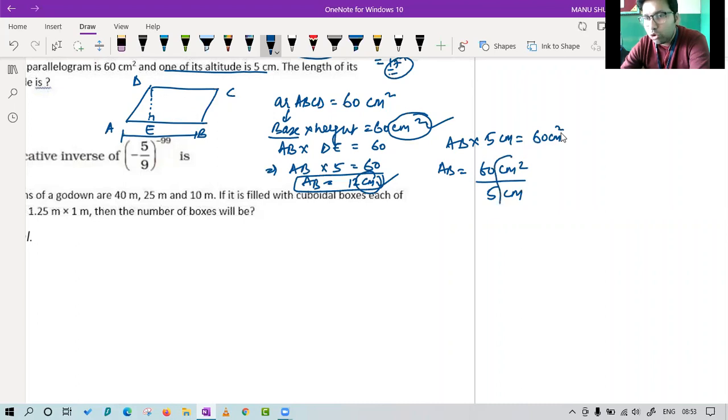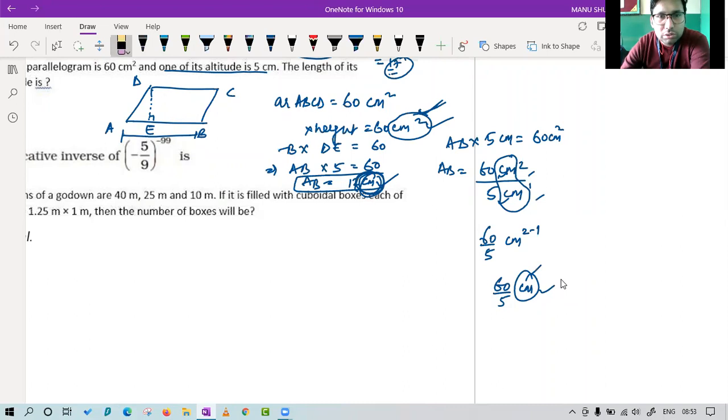This centimeter, if you observe, is the same base having different powers, so the powers will subtract. It becomes 60 upon 5 centimeter power 2 minus 1. That's why we get the answer in centimeter. So you can always verify whether the unit you are getting is correct this way also. Sometimes we see that we started with centimeter square, so why is the answer not also centimeter square? That we need to understand. This is the reason.